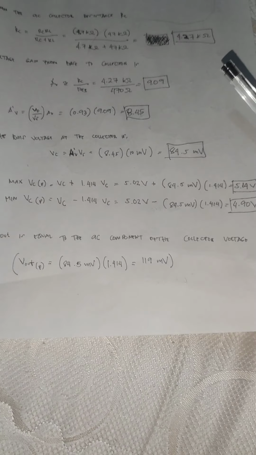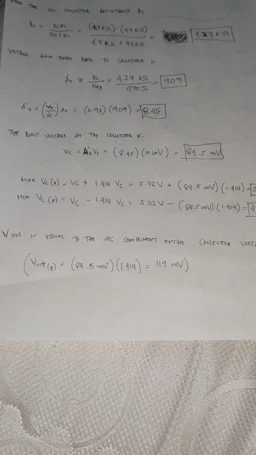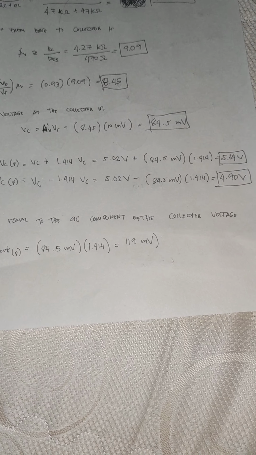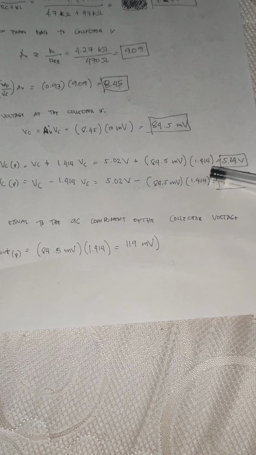Now, gi-calculate na nako sila para makuha na ako ang max voltage. So max voltage VC is equal to VC plus 1.414 VC is equal to 5.02 volts plus 84.5 millivolts times 1.414 is equal to 5.14 volts.